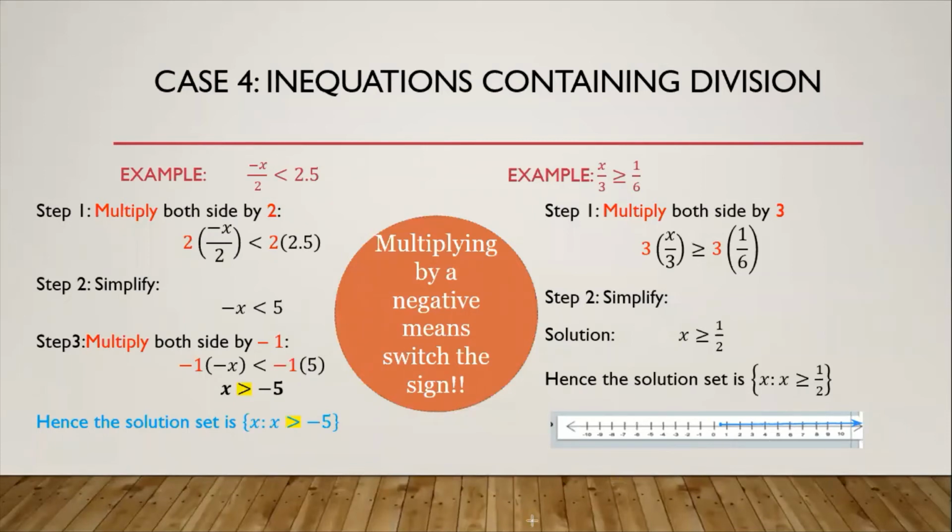And that's it. So that's it for this case. So whenever you have a problem and you encounter division in there, remember, you do the opposite. So if you have a division and you want to transfer it to the other side, then you multiply both sides by whatever number you were originally dividing by.